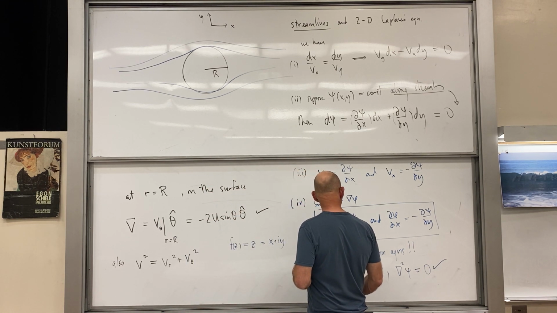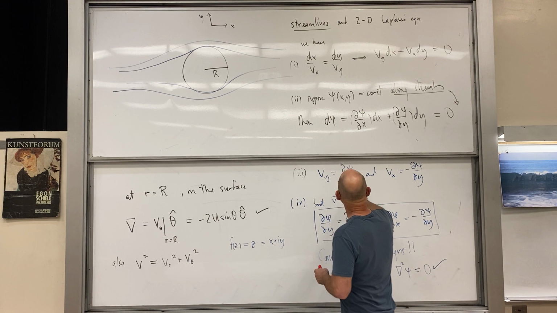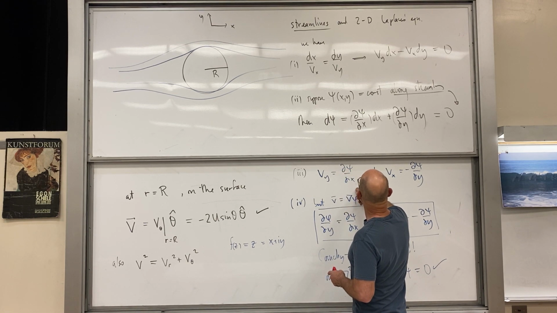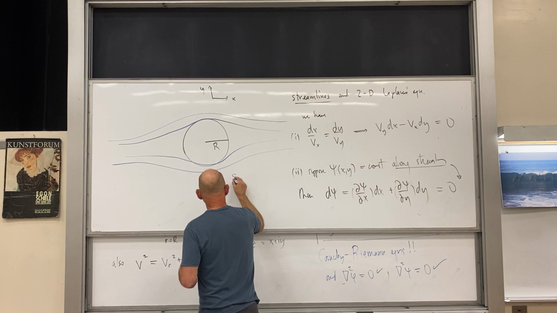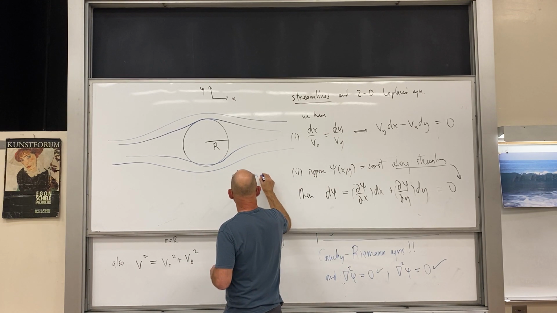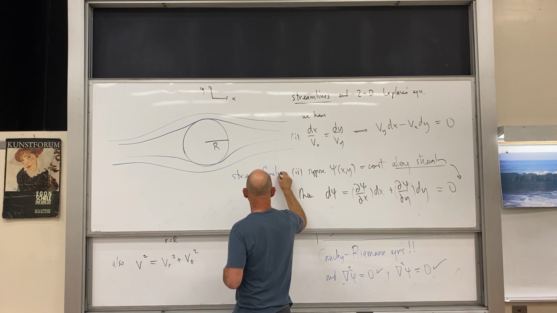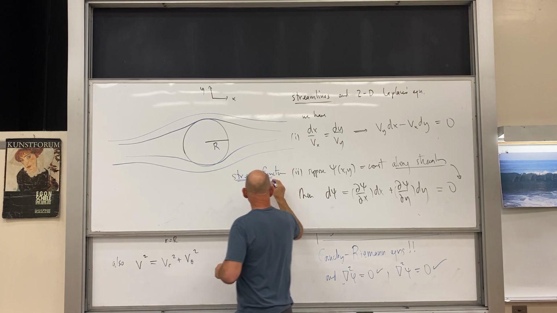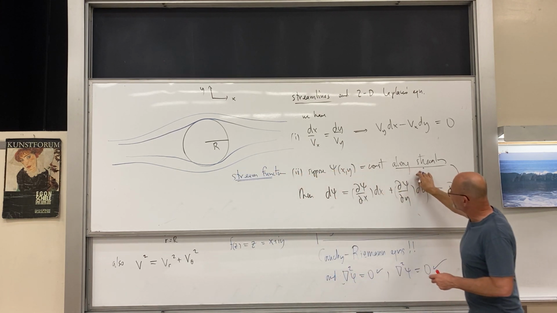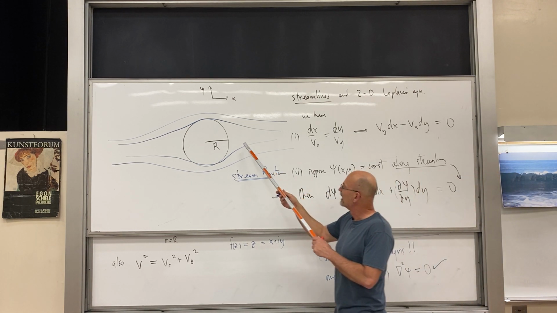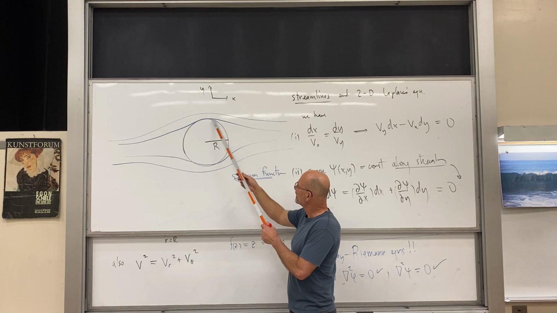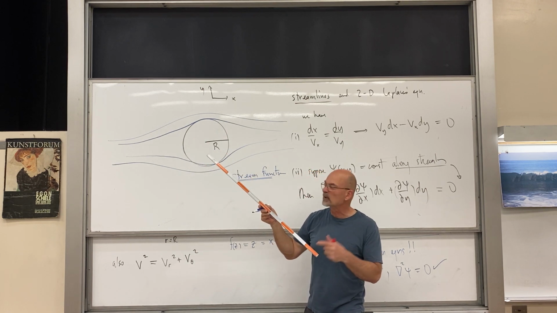For this stream function here, which is C. So yeah, let's label this stream function. It's constant along a streamline, and you can set things up so that it vanishes at the surface. That's a constant equals 0.